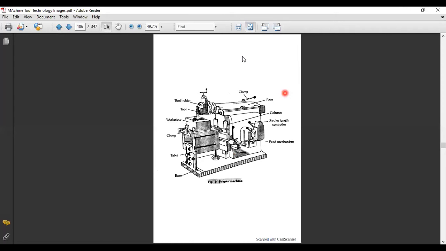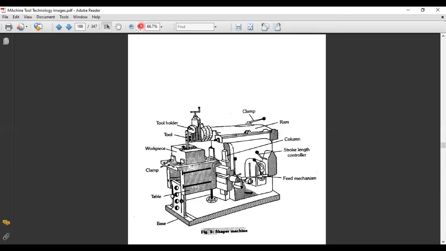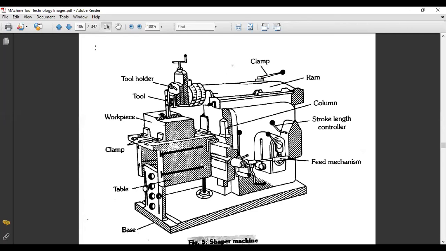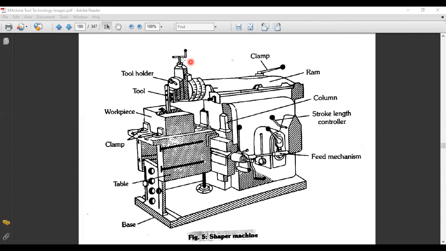This is the typical diagram of the shaper machine. There is a handle, and the tool holder, where all the tools are attached.